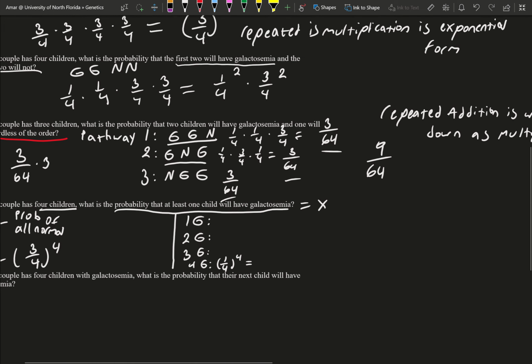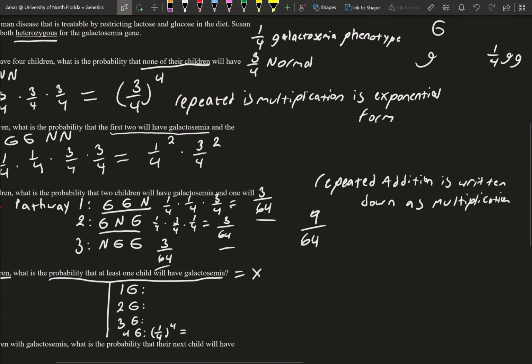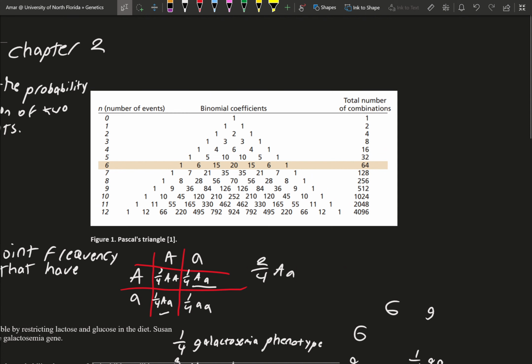So this is a part of the problem where we have to use something called Pascal's triangle. If we go back all the way from the beginning, this is Pascal's triangle, and this is the exact purpose of using it, where you're trying to figure out the probability of getting a combination regardless of a specific order.